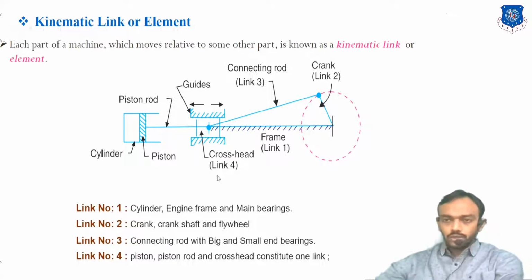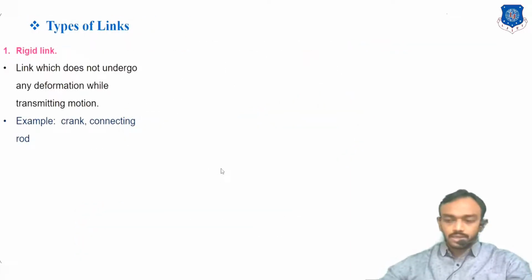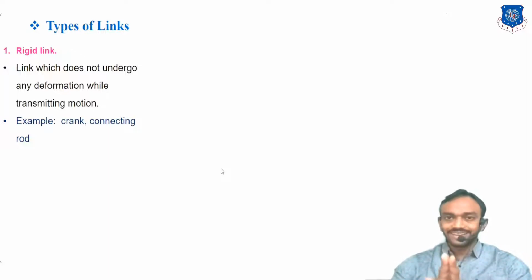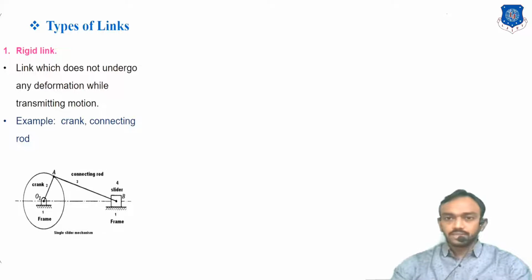Okay, so now let's start with types of link. There are basically 3 types of link, and among them the first is a rigid link, which does not undergo any deformation while transforming the motion. Means if you have seen this, the crank, connecting rod and piston are transforming the motion without deformation, but actually there is no perfectly rigid link.